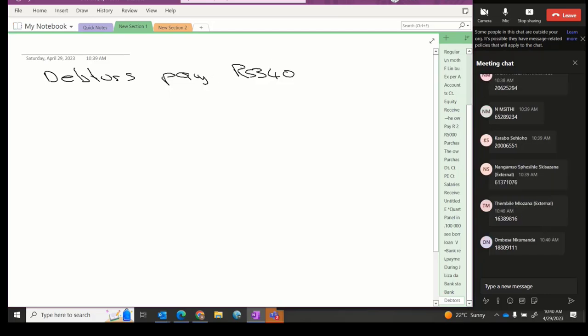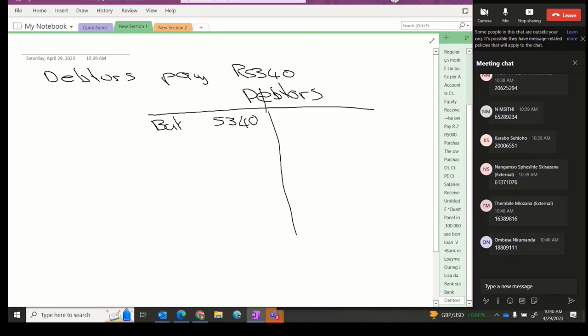Let's say you received 5,340 from debtors for their outstanding balance. So in the debtors account, it was like this. Debtors is an asset for you, so they had a balance of 5,340. But then, the debtors paid that amount of money.